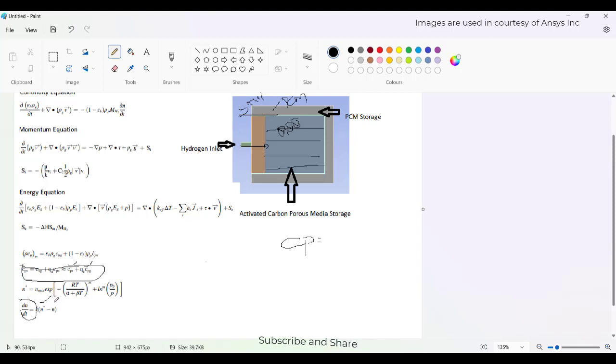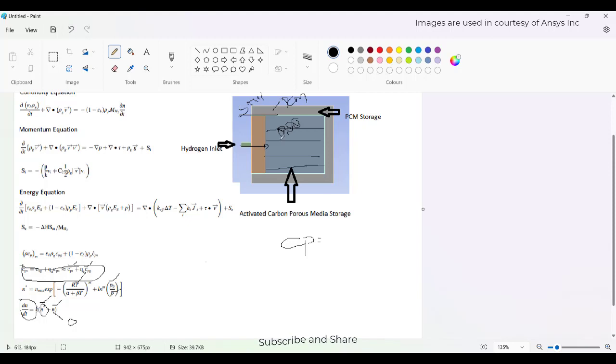It depends on N star as well as N. N is the initial amount of hydrogen that is present in the carbon. Initially there is no hydrogen, so in the initial conditions we take N as 0, but it depends on N star, where N star is again a function of temperature and pressure, right? And P naught is the saturated pressure, above which there will be no adsorption.